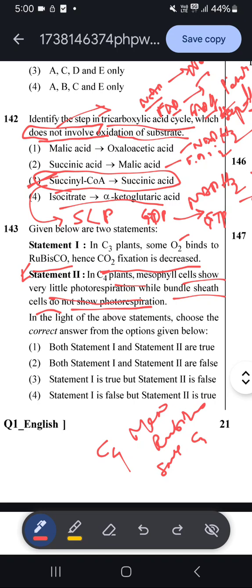So this Rubisco enzyme will bind to oxygen, so photorespiration takes place. Not very little photorespiration takes place. In C4 plant mesophyll cells.